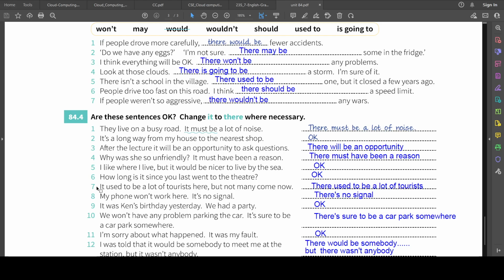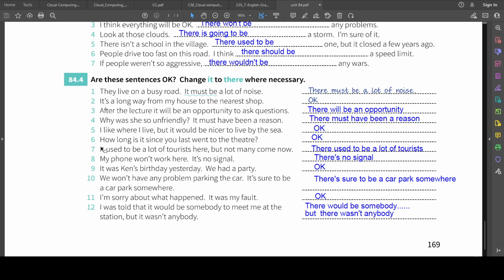Next example. There used to be a lot of tourists here, but not many come now. So we use there because we're talking about the existence.